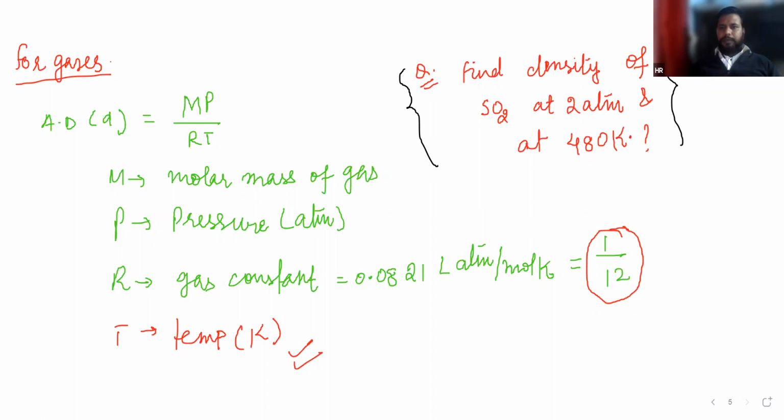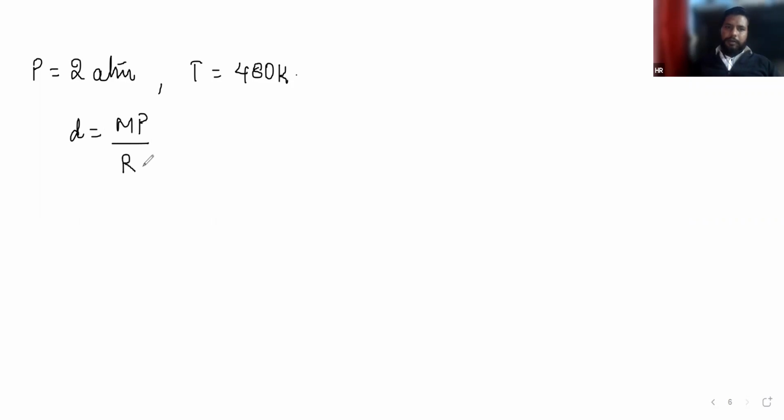Etasham, just see. Find the density of SO2 at 2 atm and 480 Kelvin. At 2 atm means pressure equals 2 atm, and temperature equals 480 Kelvin. Now, for the density of a gas, we have the formula MP upon RT.